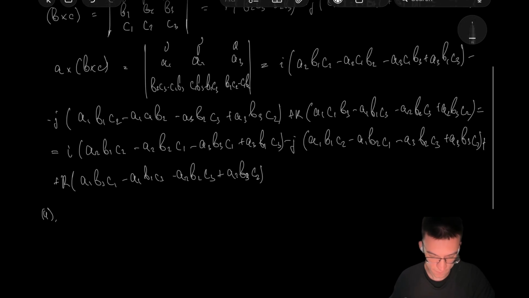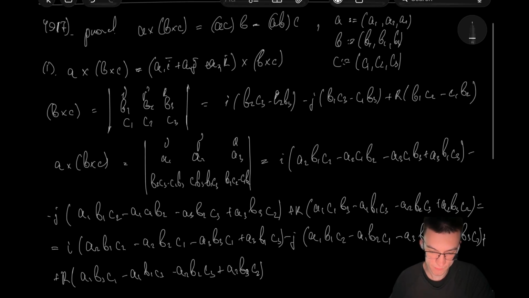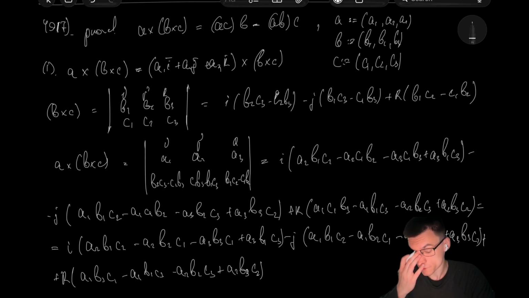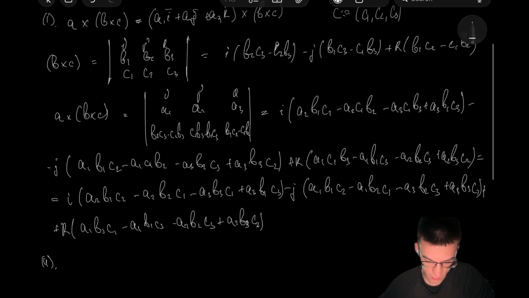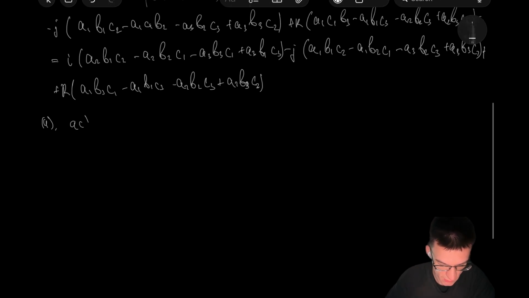What we have to do is to take a look at how this triple scalar product looks. So (A·C)B, this is the triple scalar product.